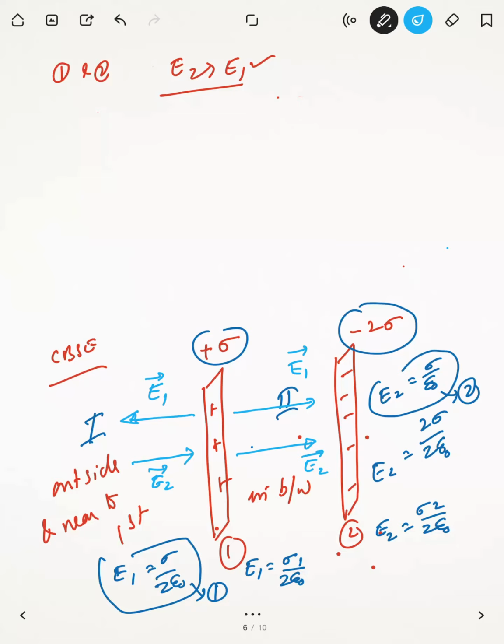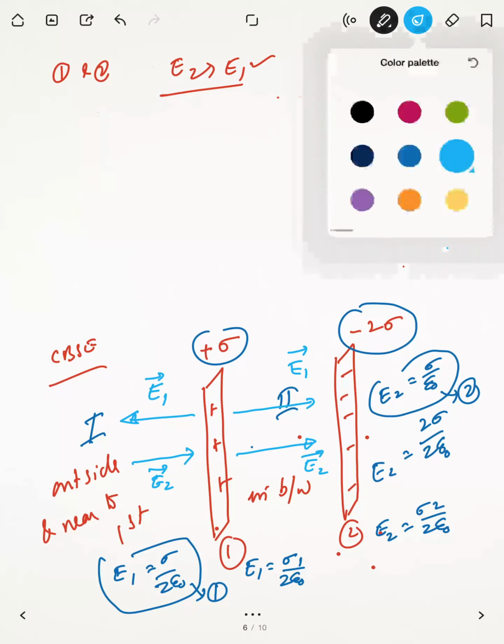The total electric field in the first region can be calculated by the superposition principle.